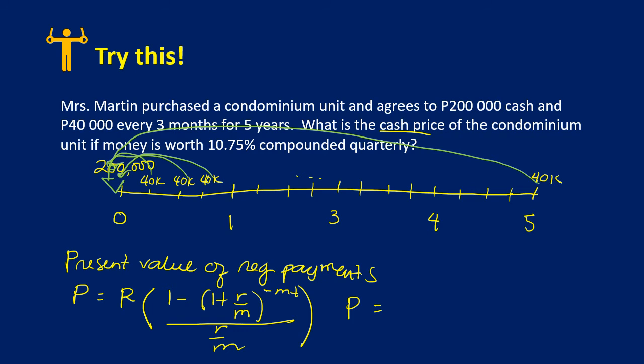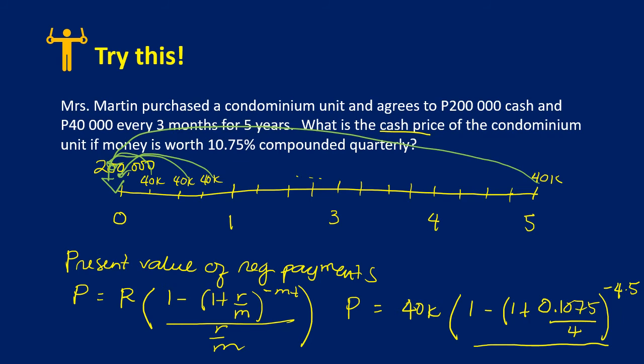So that's P is equal to 40,000, 40K times 1 minus 1 plus 0.1075 over 4 raised to negative 4 times 5, all over 0.1075 over 4. Okay?